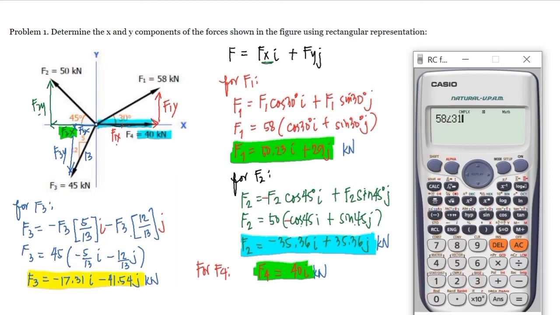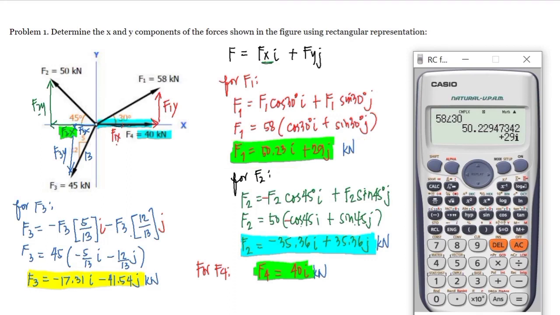And that is equal to 50.23. So this 50.23 here is your i, no? And this 29 is your j. So as we can see here, we have 50.23i plus 29j for the first one.